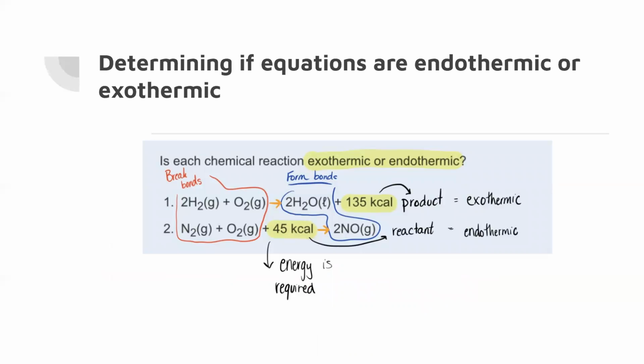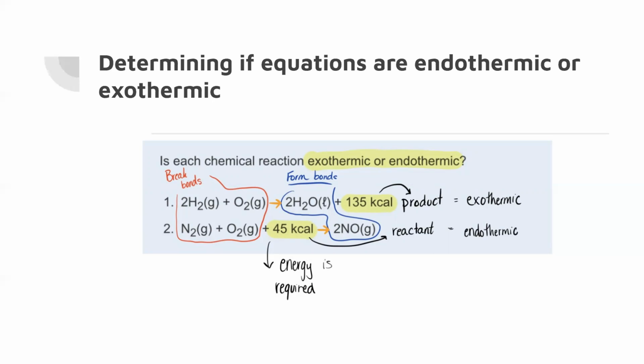So here we have two equations that we'll talk through to help you decide if it is exothermic or endothermic. In the first equation, you have two gases being added together. You have 2H2 plus O2.